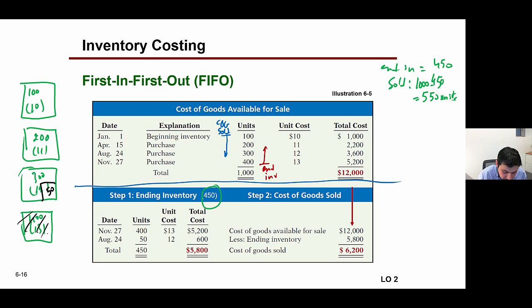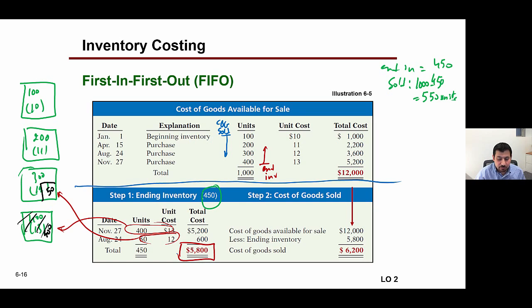So here we took 400 and 50. To calculate the ending inventory, you have 400 multiplied by 13, from this bucket, and then 50 multiplied by 12 from this one here. That would give us the value of the ending inventory.